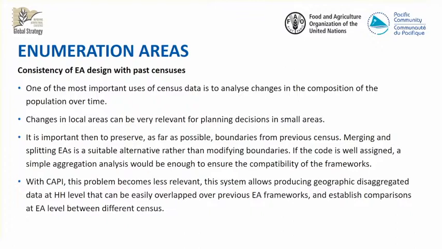And consistency between past sensors' EA frameworks. This is tricky, okay? But we need to do our best to make all the EA frameworks compatible. We miss a lot of value in our data if we start a sensors and an EA framework from scratch.